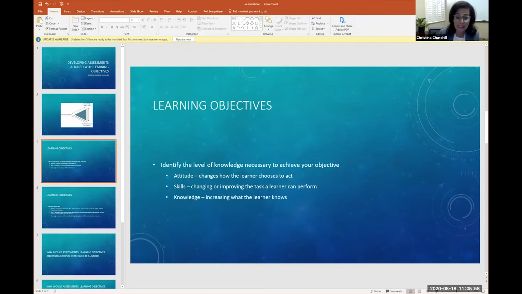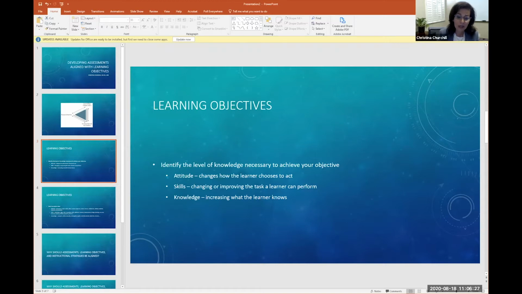The next type of learning objective is a skill, so improving a task or learning a new skill. For example, a learning objective could be the ability to run statistical analysis using SPSS, whatever it may be. That is a skill, and so that would be a learning objective.